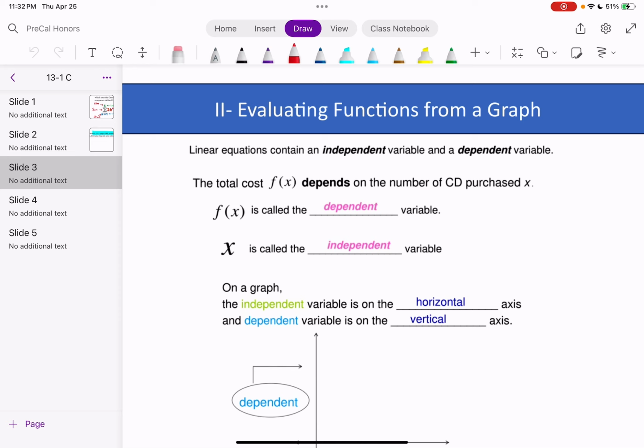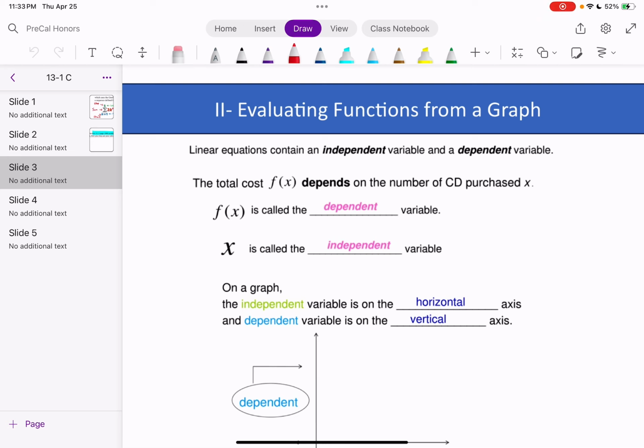It says the total cost f of x depends on the number of CDs purchased, which is x. So our independent variable, which is x, is a standalone number. That number can just be there and it would be perfectly fine. Our f of x depends on the x value in order for it to have a value as well.